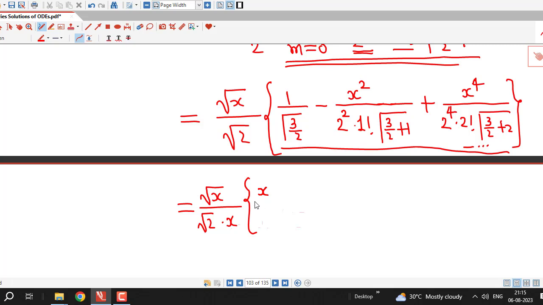This gamma 3 by 2 I can rewrite as gamma 1 by 2 plus 1, and I have to take care that I multiply by x every term. So I have x cube here.